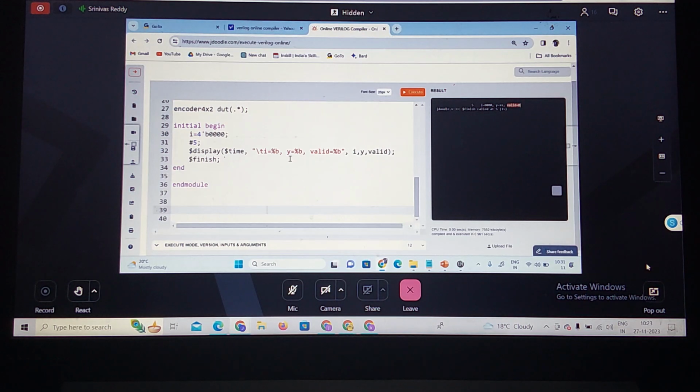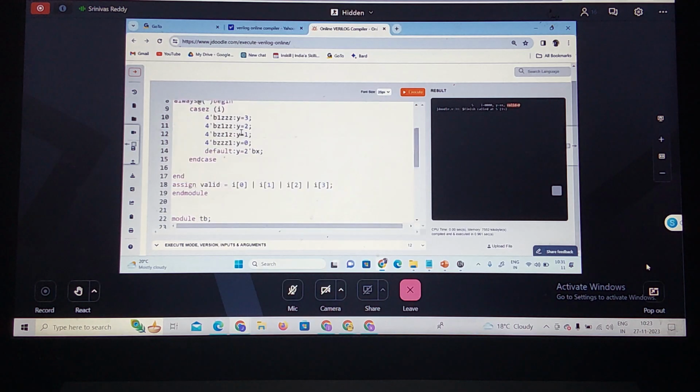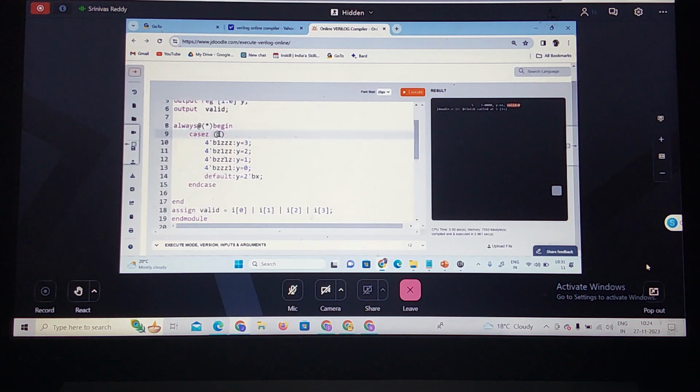Correct? If all the inputs are 0. Now this program, whatever we are writing here, if I is Z, or if all I's are Z, it is encoding as Y is equal to 3.